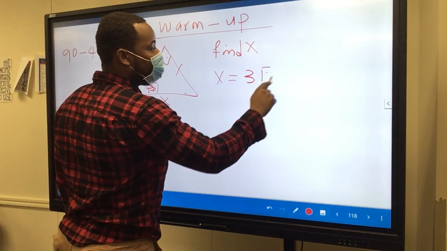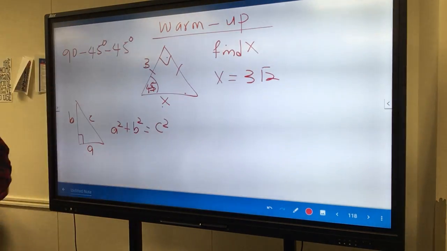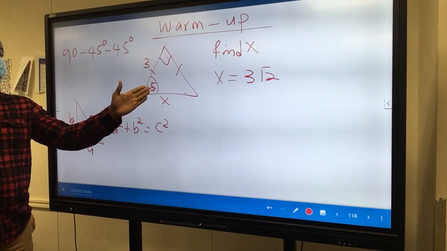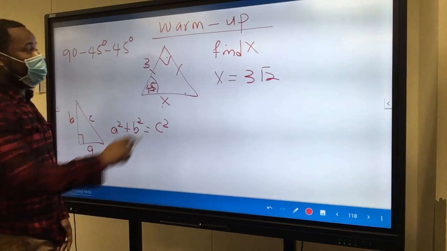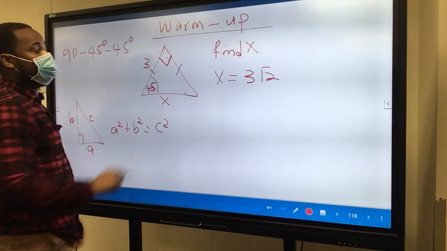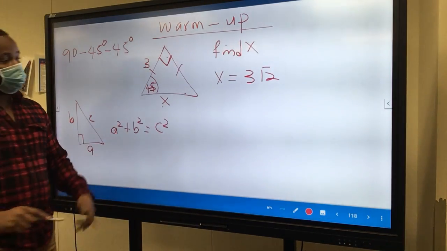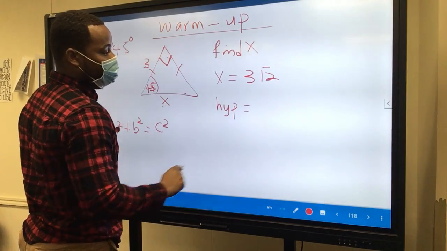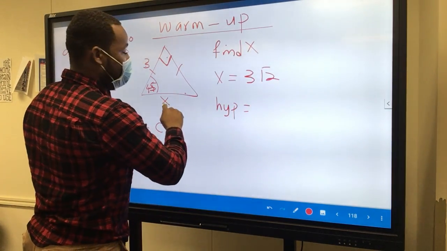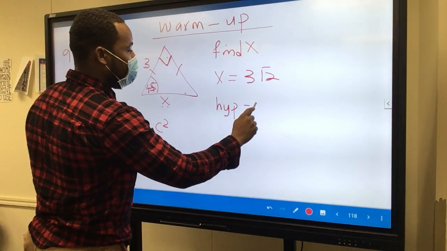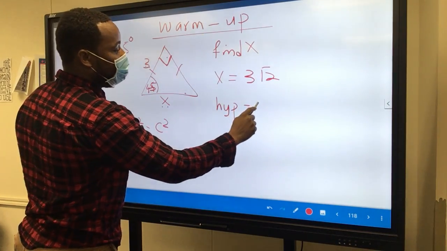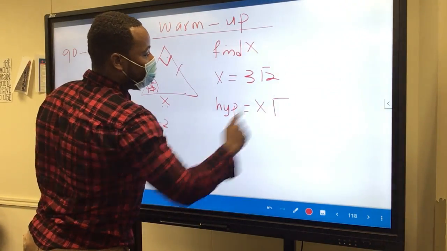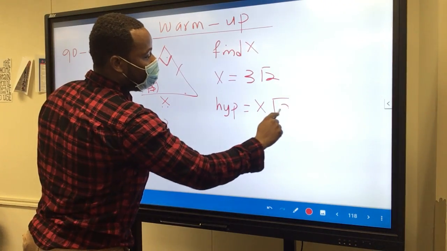So X is equal to 3 root 2. Guys, we said yesterday that anytime you see a 90, 45, 45, the hypotenuse, which is the side facing the 90, is always equal to the length of the shorter side, which in this case is 3, times root 2.